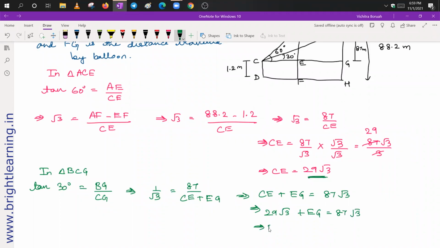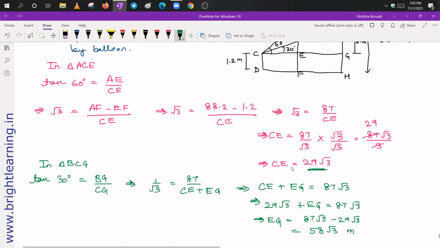And from here you will get EG equal to 87√3 minus 29√3, and 87 minus 29 is 58. So 58√3 meters is the required distance which the balloon traveled.